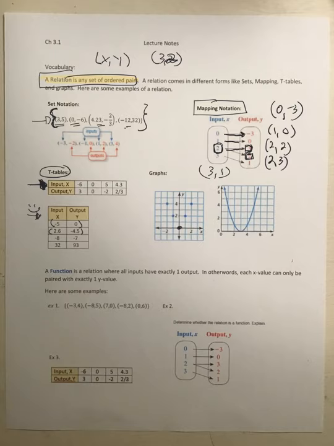Notice here you have a set of ordered pairs, so all of your graphs are relations. This is a relation because the definition is a set of ordered pairs. This parabola is U-shaped. It's called a parabola, and it's made up of infinitely many ordered pairs. Remember, graphs are made up of points, which are called ordered pairs. So this is also a relation.